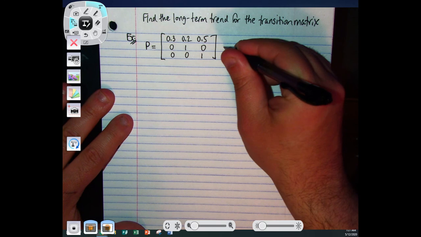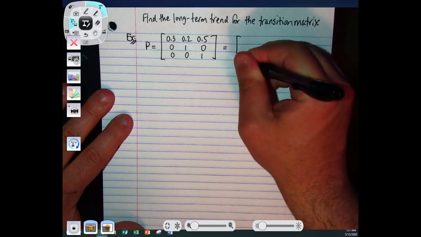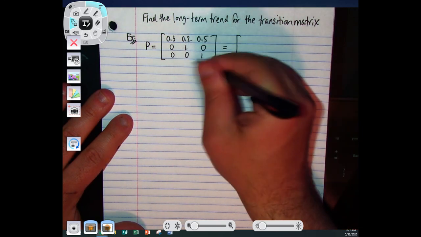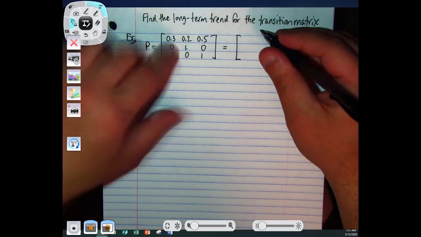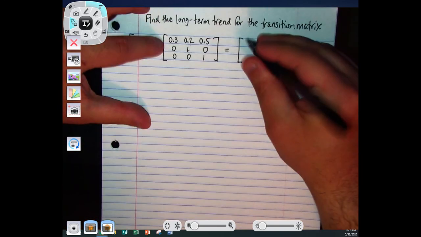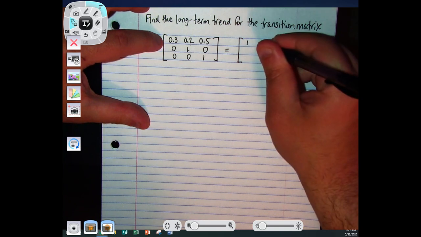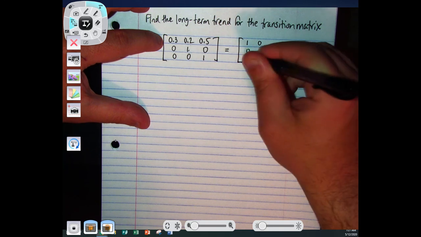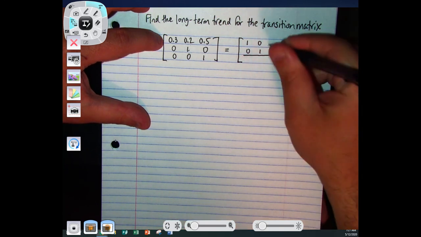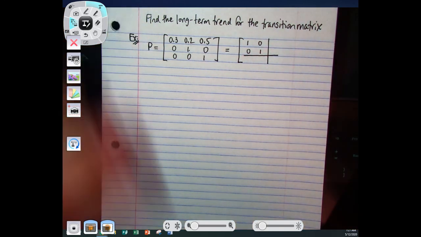So I'm going to shift row 1 over, and I'm going to swap. So in the upper left-hand corner, I'm going to put 1, 0, and I'm going to put 0, 1. It's going to look something like this.